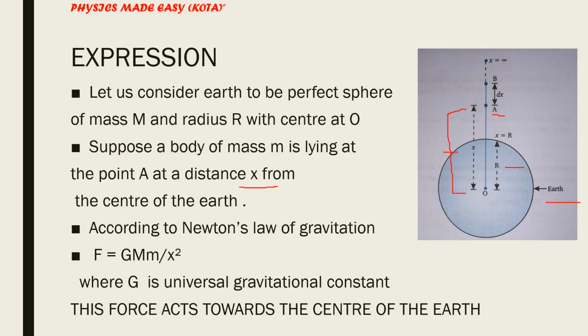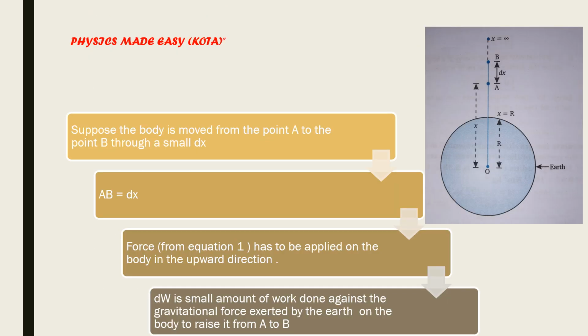So from this figure everything is clear. Now we are going to solve for the expression of escape velocity or escape speed. Suppose that a body is moved from point A to point B through a small distance dx. So we can say that AB is equal to dx.